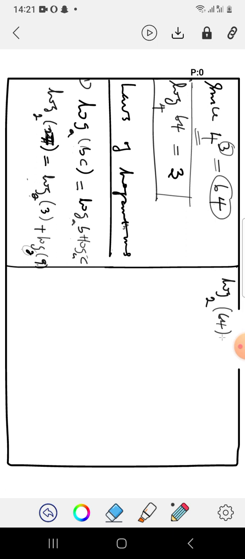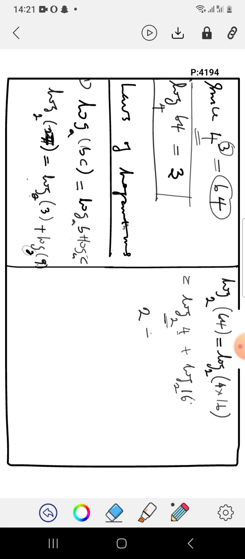If we want to simplify this, we know that it's going to be log 2 of 4 times 16, which according to the law is going to be log 2 4 plus log 2 16. Now, what's log 2 4? What will you raise 2 to the power of to give you 4?